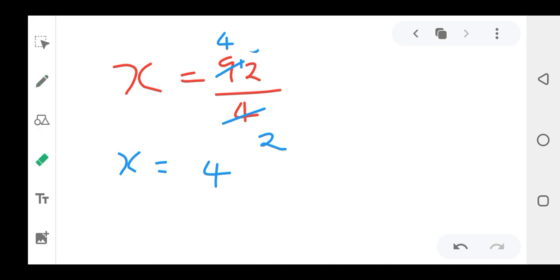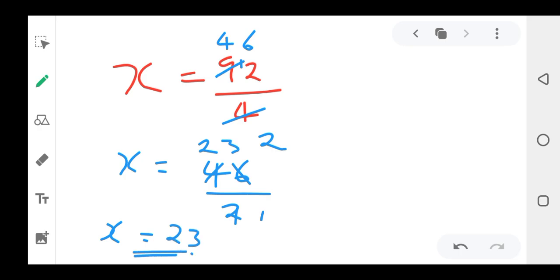So 46, divided by the other 2 down here: 2 into 2, 1. 2 into 4, 2. 2 into 6, 3. So it is 23. So the value of x is actually 23.